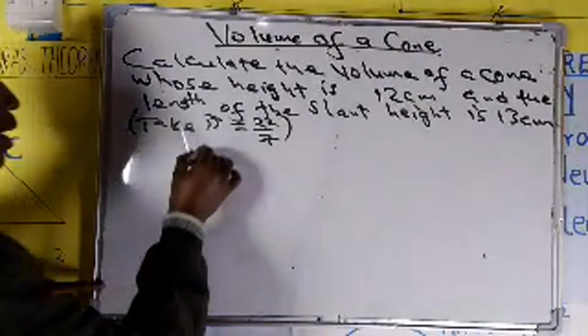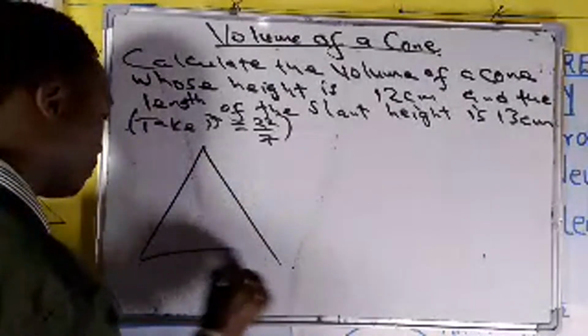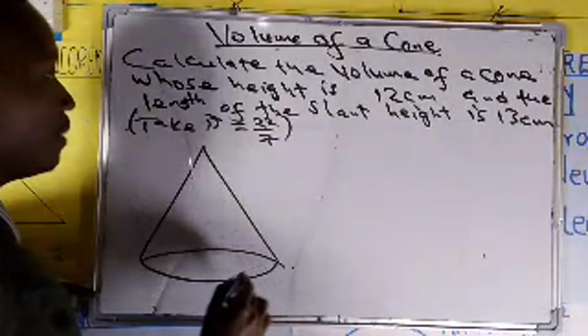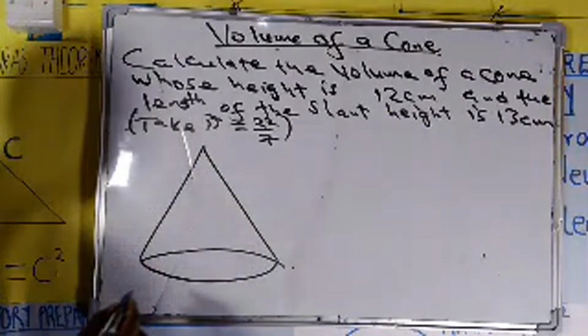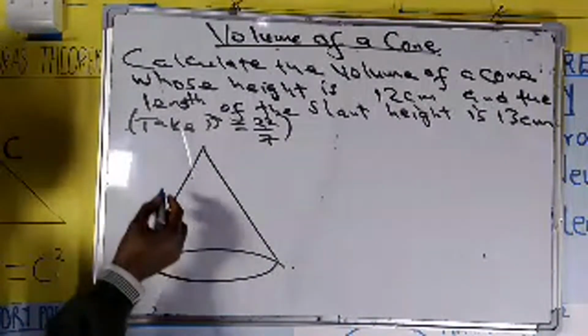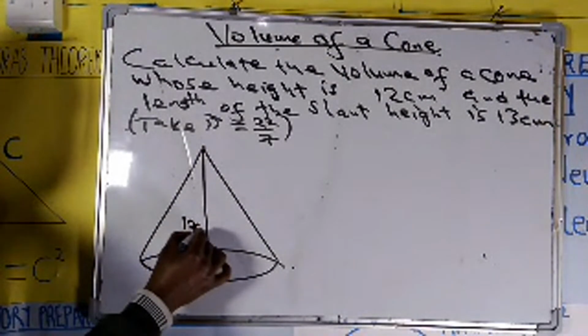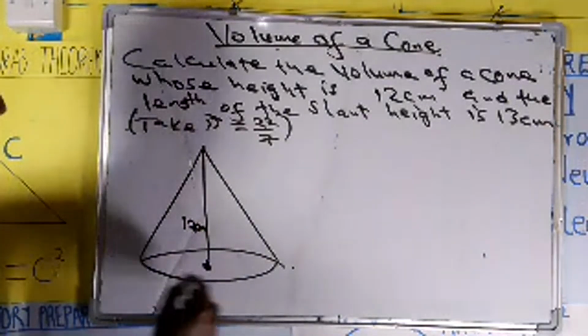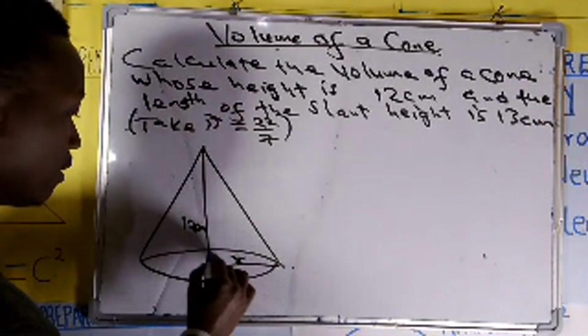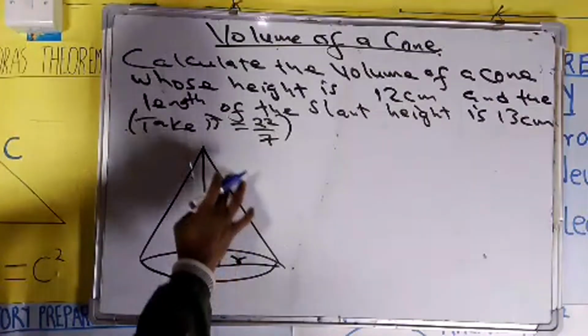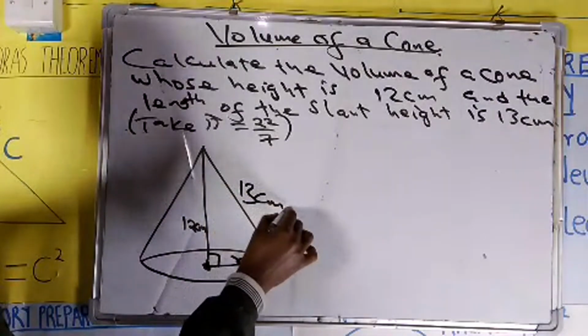So, we are going to draw our cone here. We have been told to calculate the volume of a cone whose height is 12 centimeters. So this height here is 12 centimeters. We don't have the radius, but we have been given the slant height as 13 centimeters.